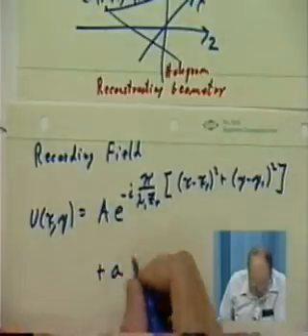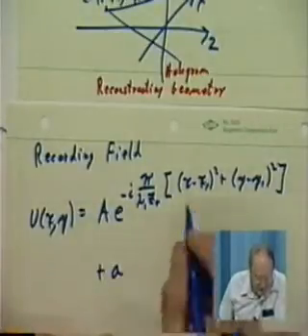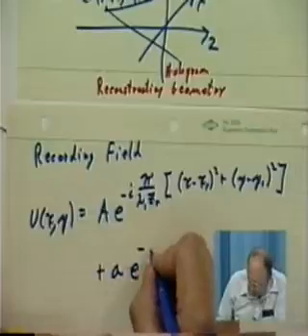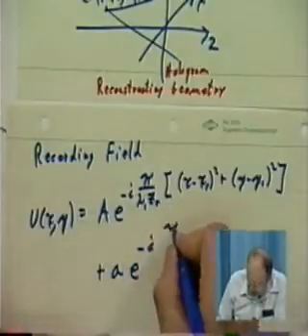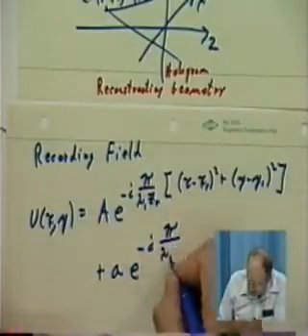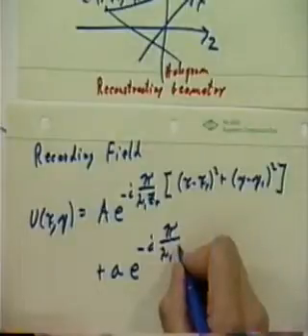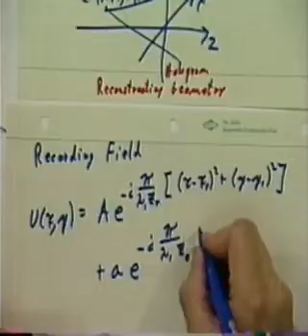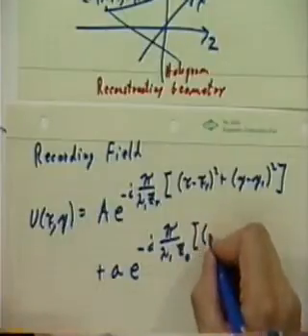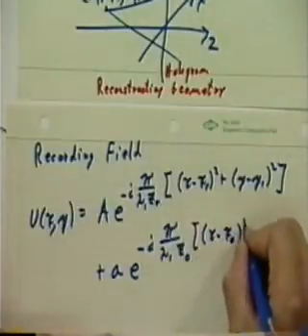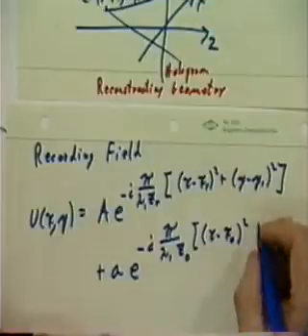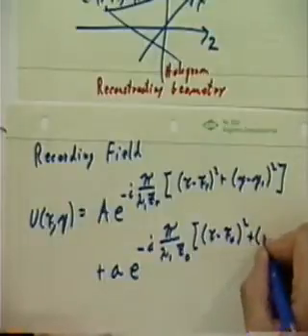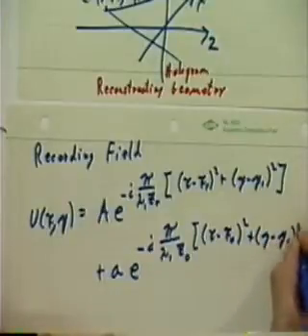Our object beam is little a, e to the minus i pi over lambda 1 z naught, and then here we have x minus x naught squared plus y minus y naught squared.